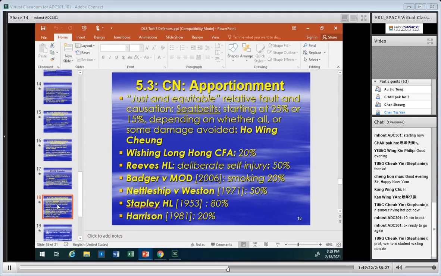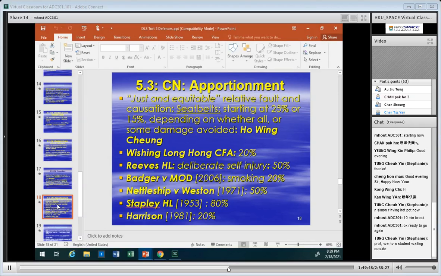Well, you can confidently tell your client between 15 and 25%, depending on the circumstances. If wearing a seatbelt would have prevented all injury, well, your damages will be reduced by 25%. If wearing a seatbelt would have reduced the severity of the injuries, well, they'll be reduced by 15%. So it's up to the court. The court can decide, okay?